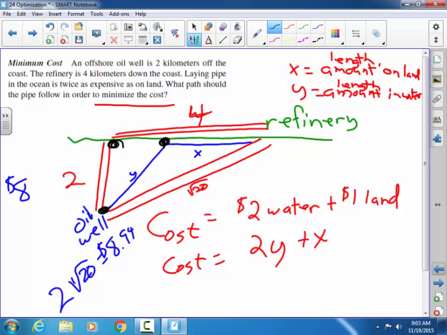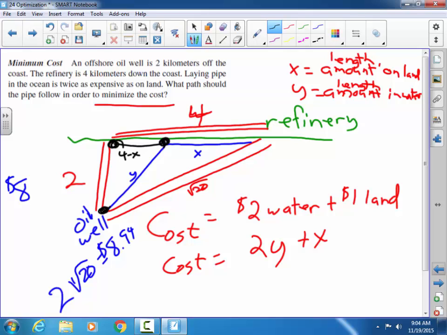Well, we don't really know because it's changing there. But how long is this piece right there? Can anybody tell me how long that piece is? I think you can give me an expression for it. You can't tell me a number, but what's the expression, Chase? You're exactly right. Now, I want an expression in terms of x. I want to know what that black line is with an x in it instead of a y. 4 minus x.